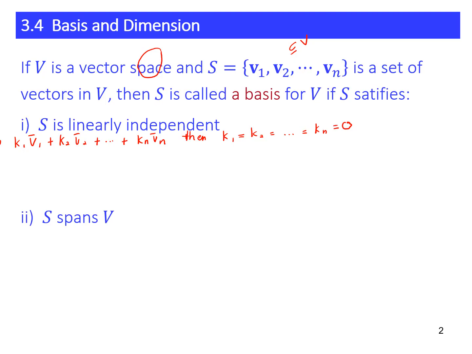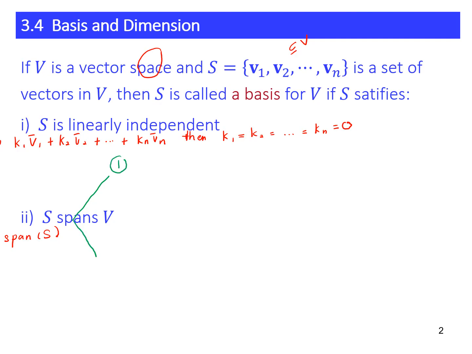S must span V, and S spans V means that the vector space V is equal to span S. And to show that V is equal to span S, we have to show two things.